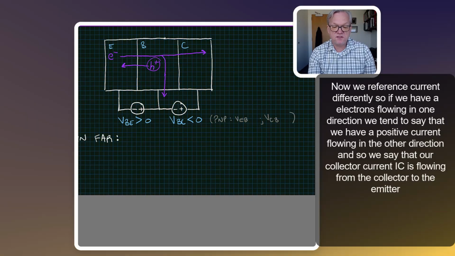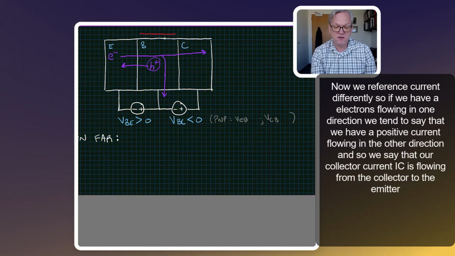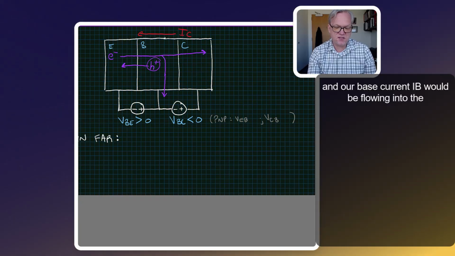Now, we reference current differently. So if we have electrons flowing in one direction, we tend to say that we have a positive current flowing in the other direction. And so we say that our collector current IC is flowing from the collector to the emitter. And our base current IB would be flowing into the base.